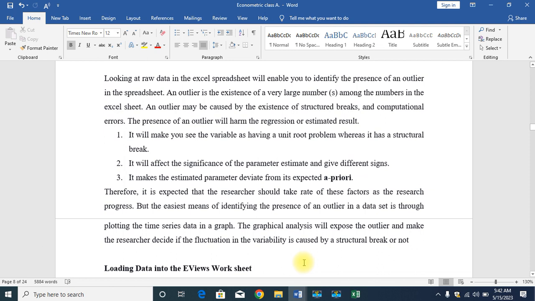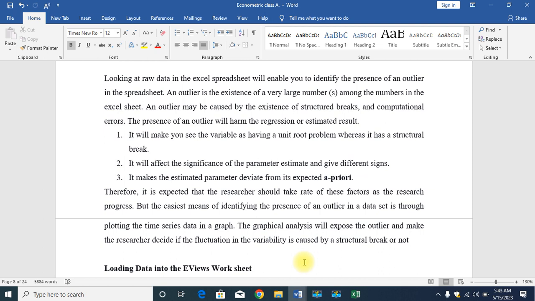And if he or she finds that the outlier is also in the original source of data, the researcher should try as much as he or she can to change or get the original source of the data, so that if he is taking a decision or changing the data set, then it will be genuine and it will also be accepted.